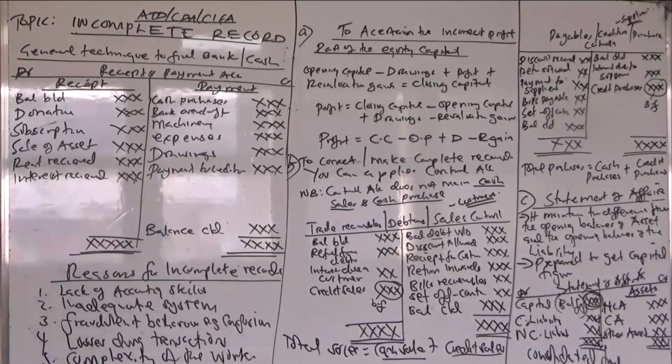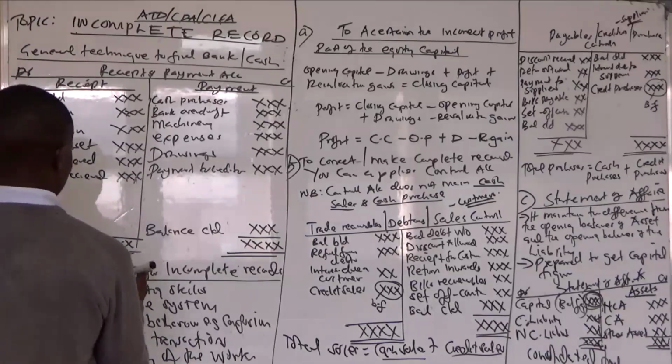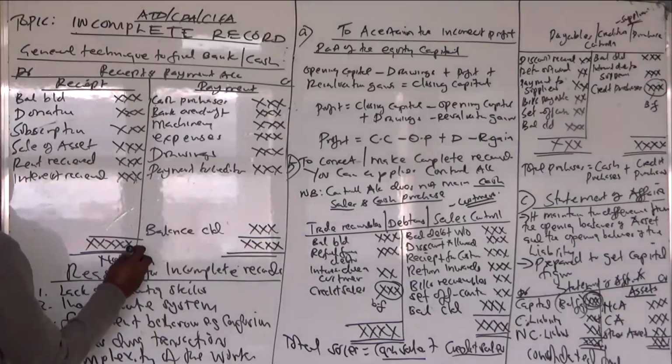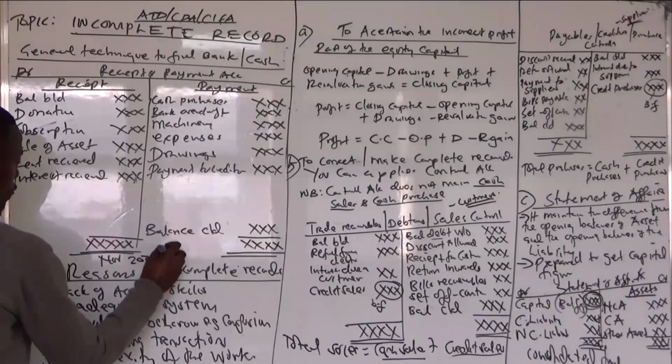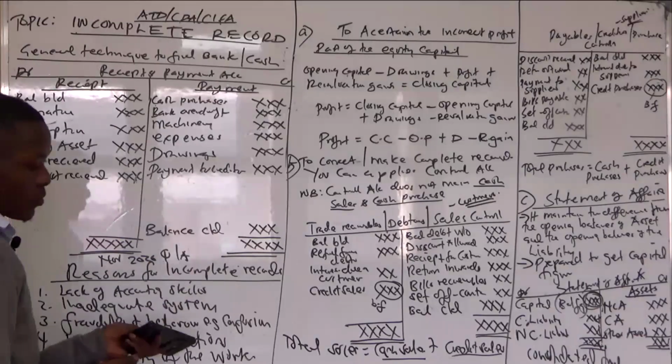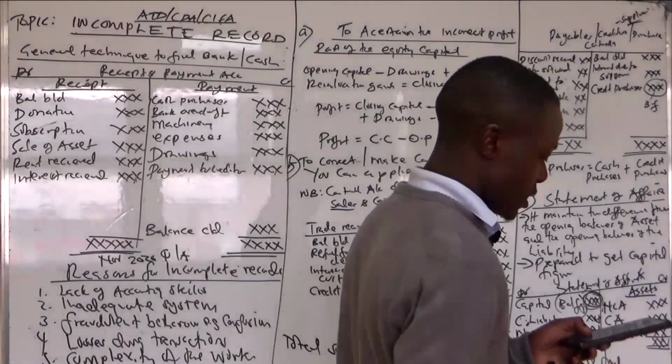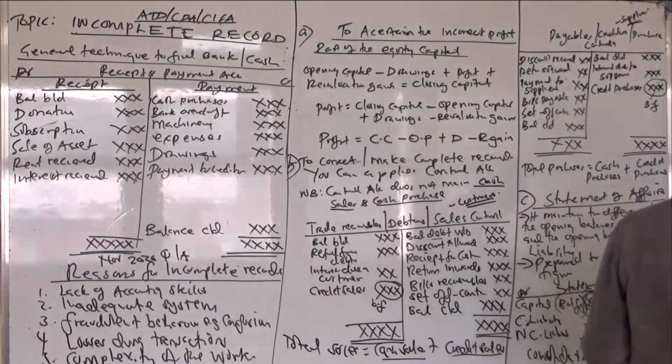He makes many errors. Complexity of the work. So this one came in November 2020, question 1B. November 2020, question 1A. So those are the things that you can maintain.